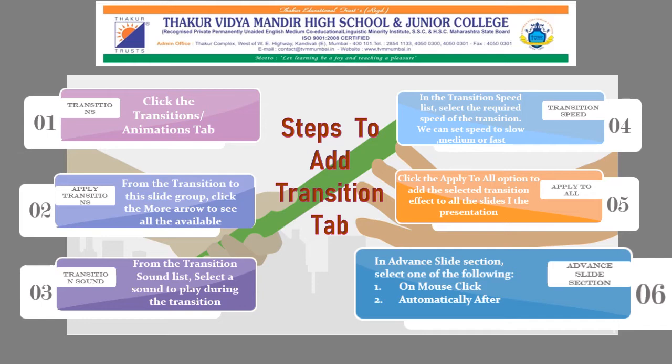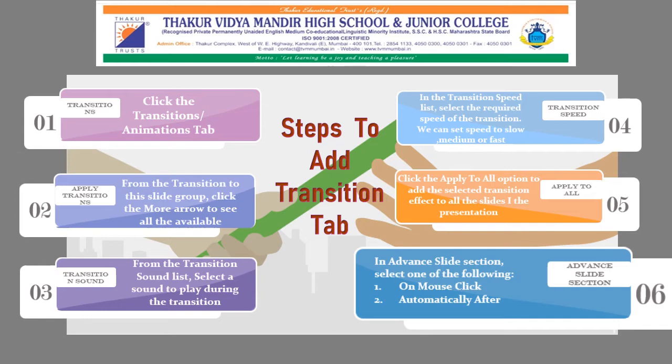That means whenever we click the mouse or press any key on the keyboard, only then will the slide go from one slide to another, and it will show the transition effect.